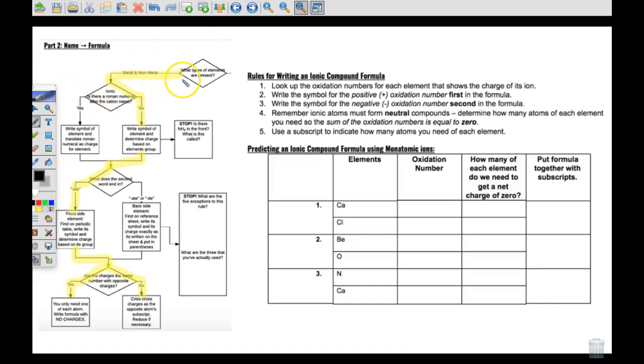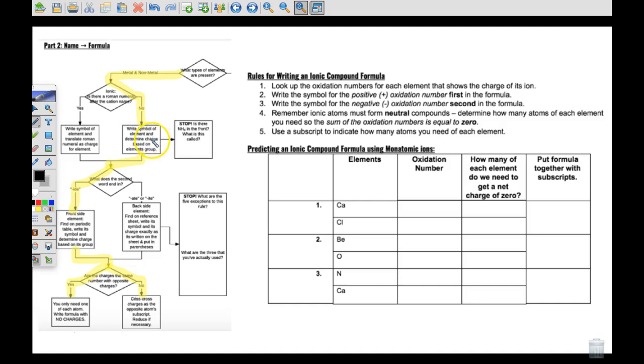Now we're going to focus on the back side of the flowchart, so take a moment and reference that as we go through the first example. Because we're still dealing with ionic formulas, we'll still be having metals and nonmetals. And looking at what I've been given in my examples, I have not been given any Roman numerals. That's coming up in our next lesson.